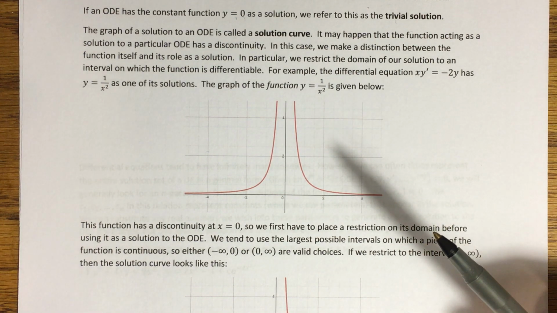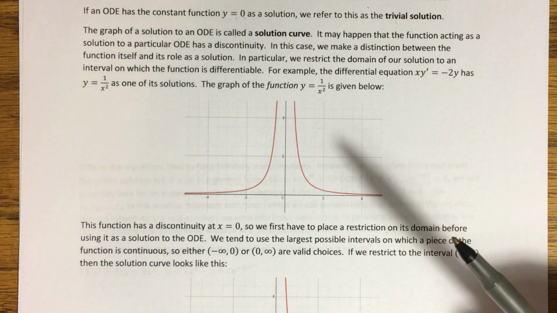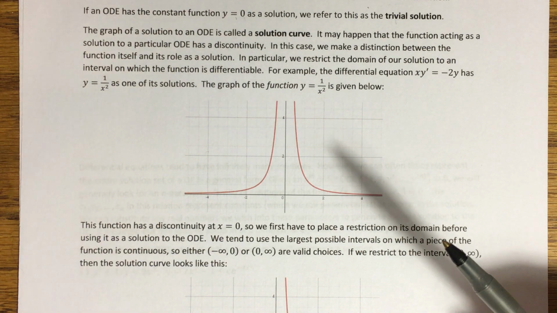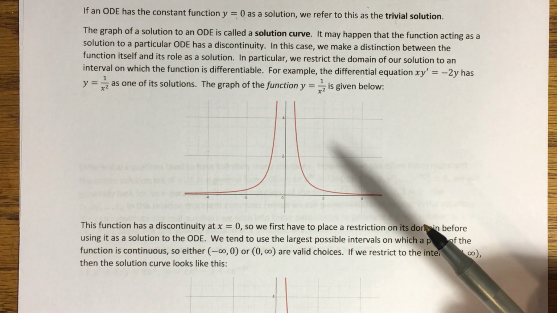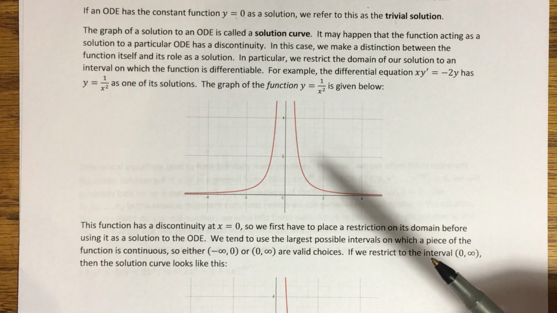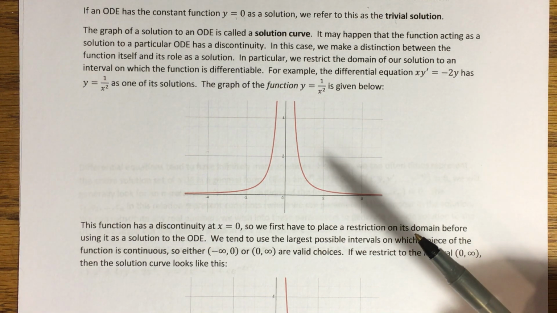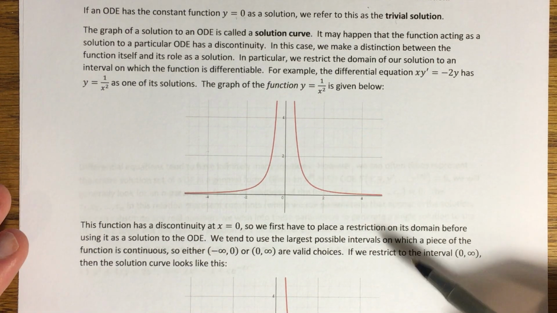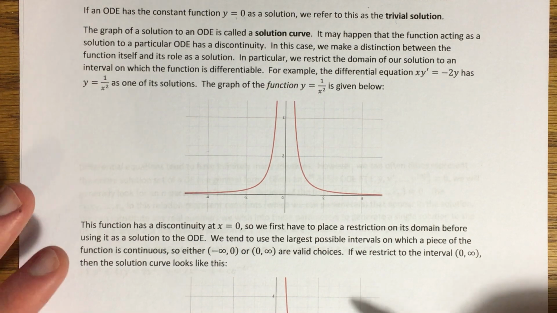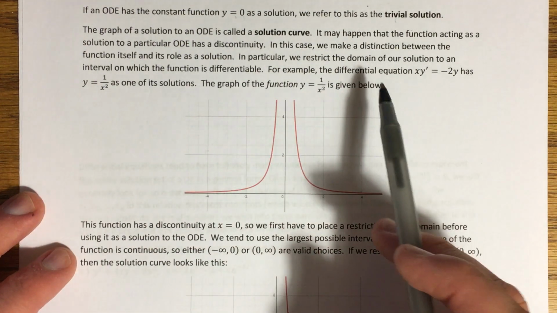Now, in some cases, the solution that you get for a differential equation is a function that has discontinuities in it of various types. It could be asymptotes, it could be jump discontinuities, it could be anything, but they may not be continuous everywhere, they may not be defined everywhere. And in those cases, we have to be careful.